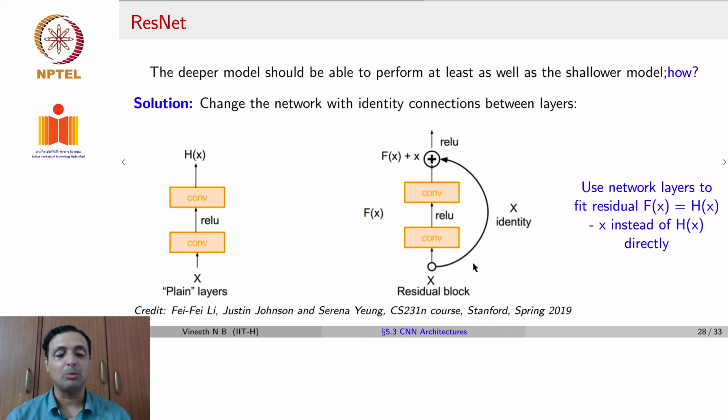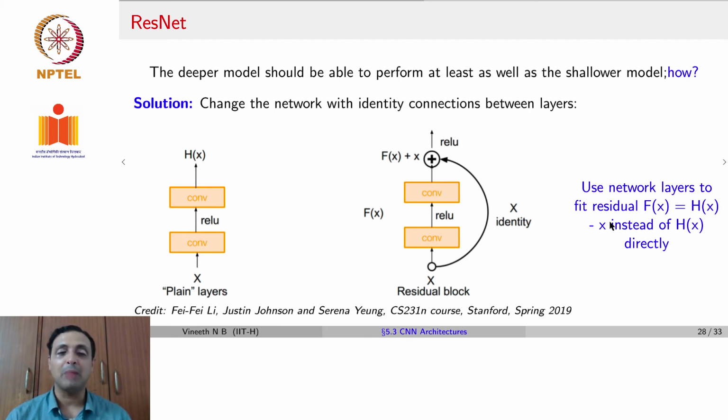Each such block where the identity connections come back and add the original input is known as a residual block. Why is it a residual block? Because originally these layers captured a function h of X, but now these layers capture the residual.